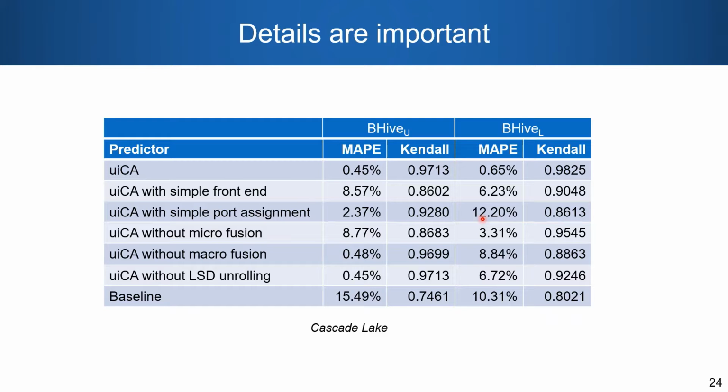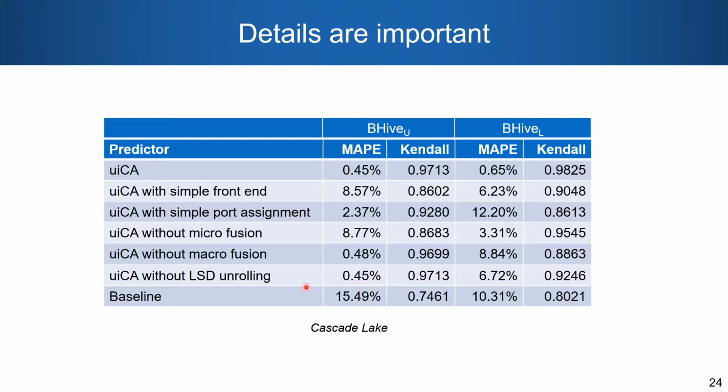If we, for example, do not model the port assignment accurately, the average error even drops below the baseline in the case of the loop-based benchmarks. In some cases, our detailed model only leads to an improvement for one of the two benchmark types.